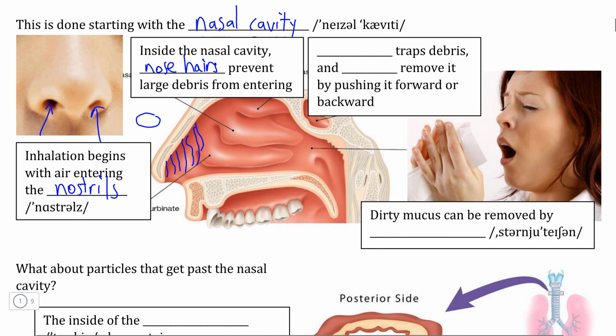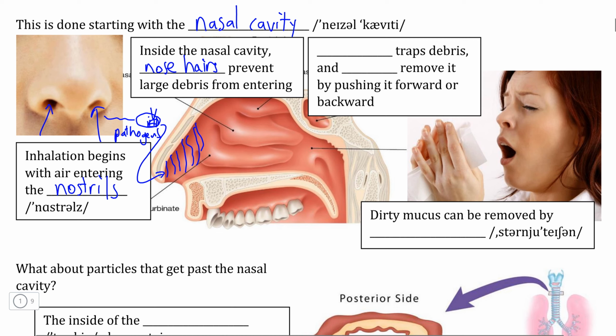For example, one example of something that we do not want entering the respiratory system are pathogens such as bacteria or viruses, and therefore the nose hairs actually represent a physical barrier that obstructs the opening of the nasal cavity and prevents large particles from entering the nasal cavity.